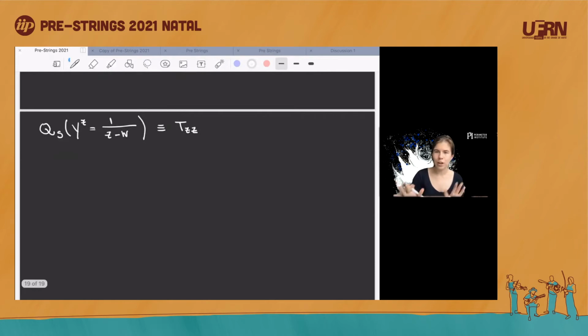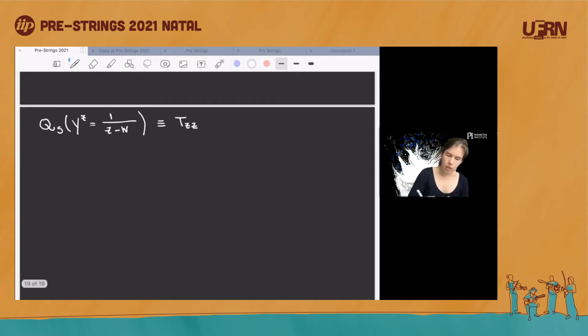Okay, so far I'm just evaluating the soft charge at some particular value of yz, and plugging this expression into the soft theorem then gives us an identity of the following sort.